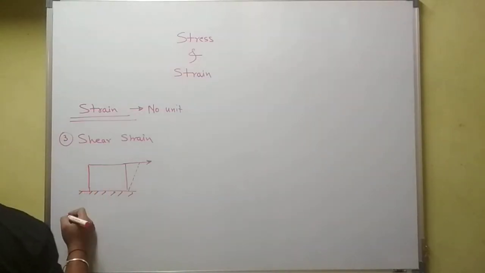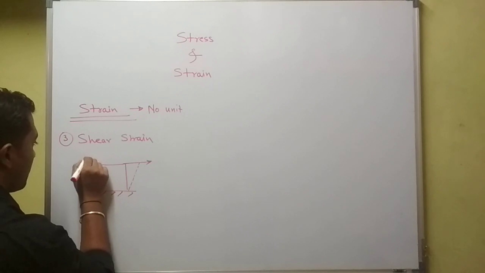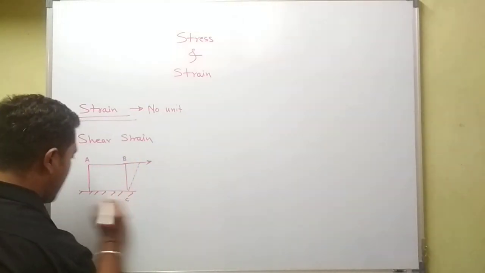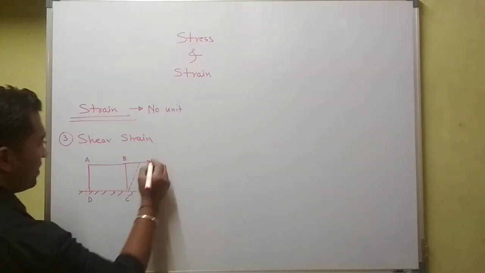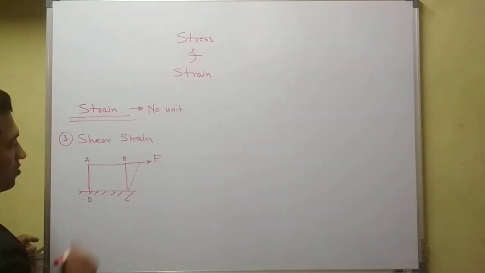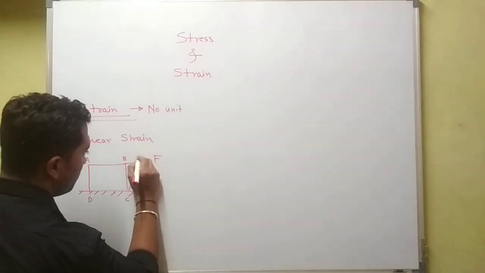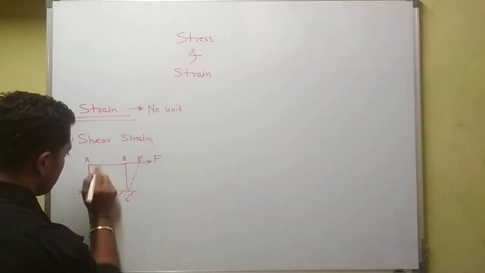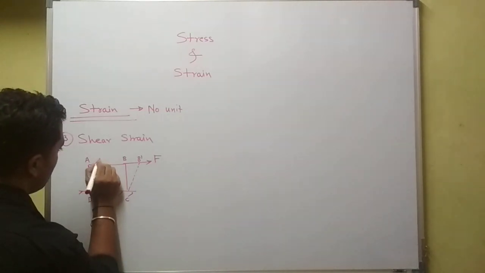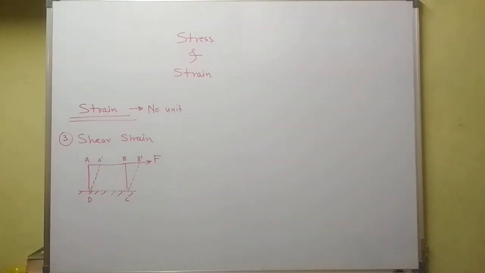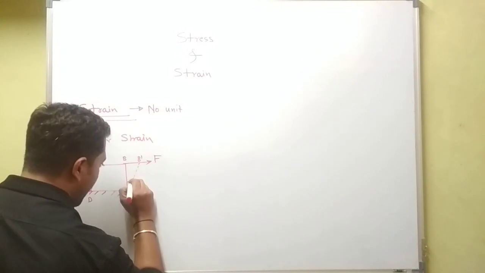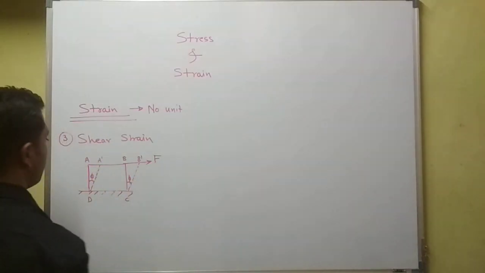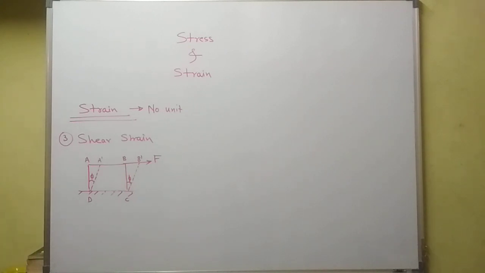First we label the body A, B, C and D. After applying F amount of force, B will change to B dash, and A will change to A dash. Now the angle between this is phi.